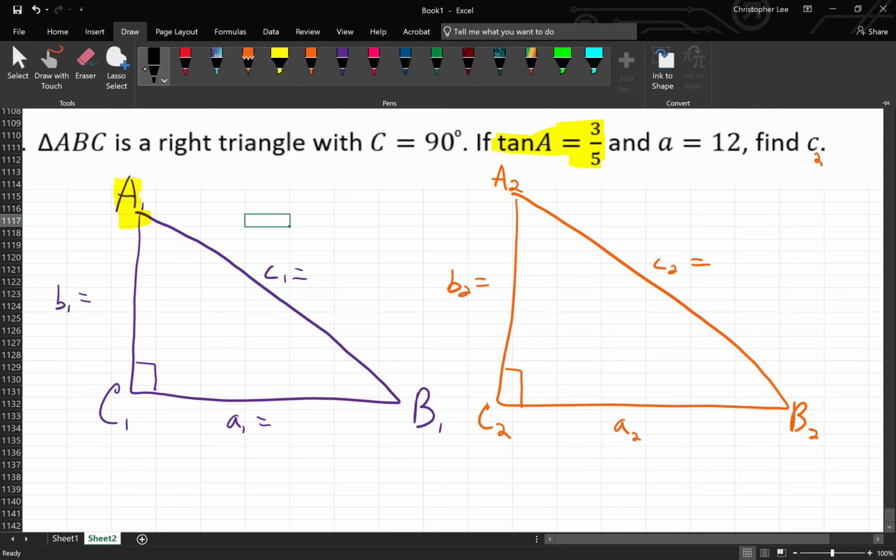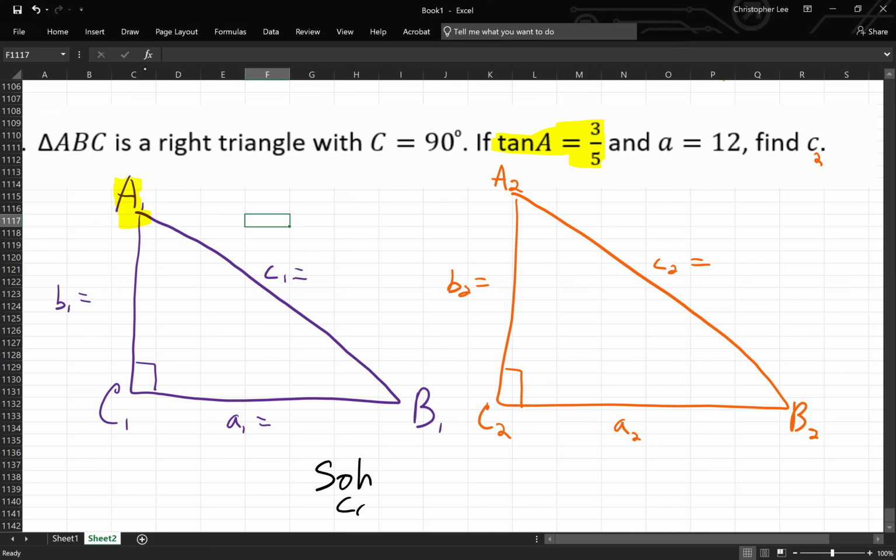Who remembers what tan is? Opposite over adjacent, SOHCAHTOA. So the opposite from angle A is what? What number am I going to write for leg A? 3. And what number for leg B? 5. Very good. Opposite over adjacent.